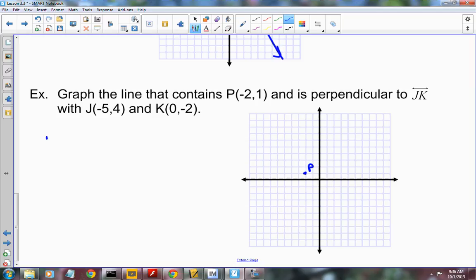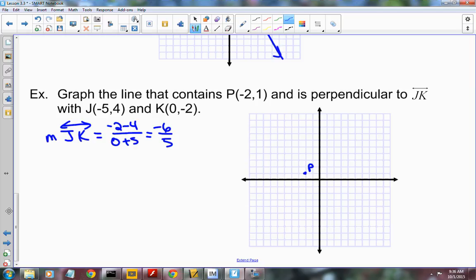So I could graph JK if I wanted, or I could find the slope of JK. Remember, it's the difference in the y's, -2 minus 4, over the difference in the x's, 0 minus a -5. So it ends up being -6/5, right?